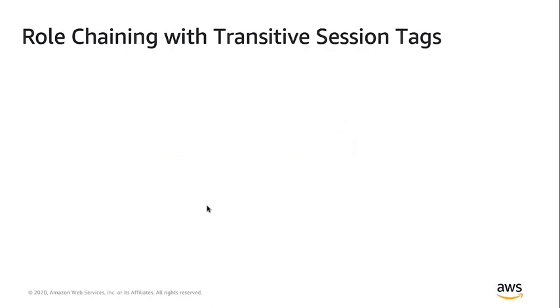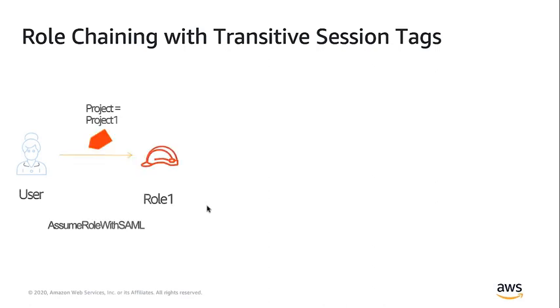Let's first clarify the scenario we're talking about. Alice has a project attribute in the corporate directory with the value of project 1. Okay. She assumes role 1. The project attribute is carried over by SAML, and she gets a session tagged with project equals project 1. Right.